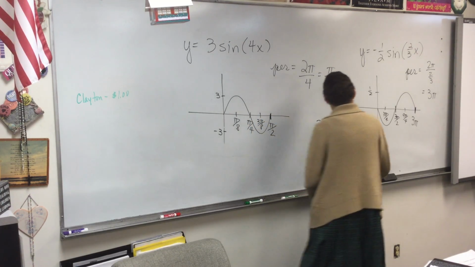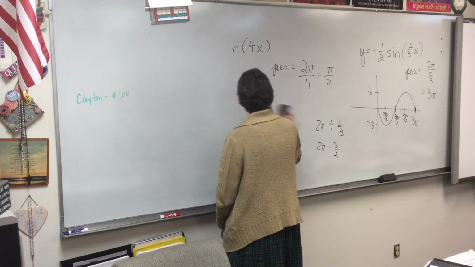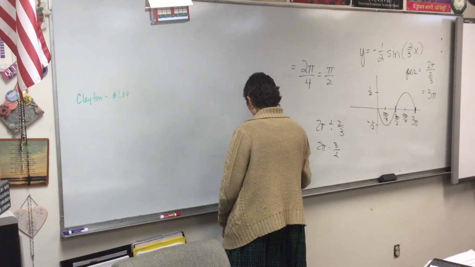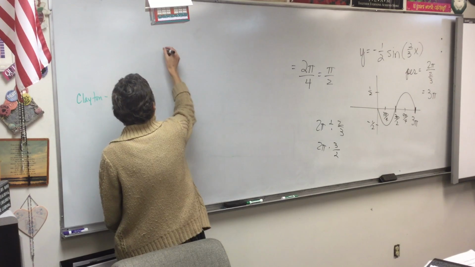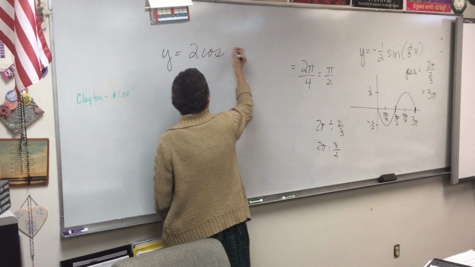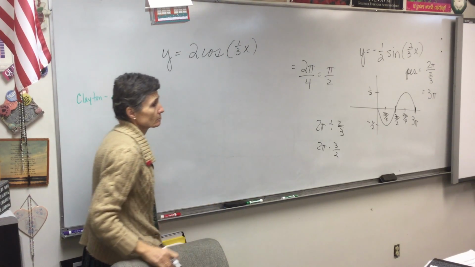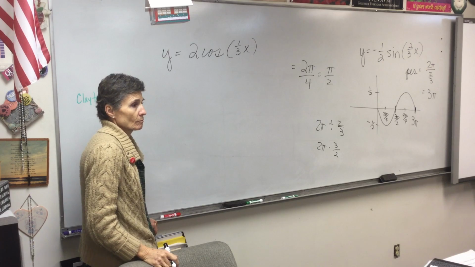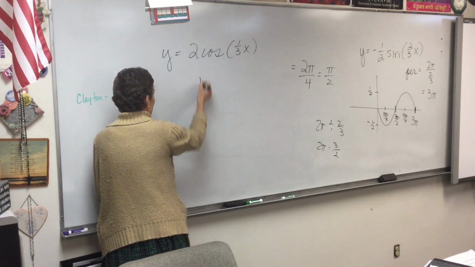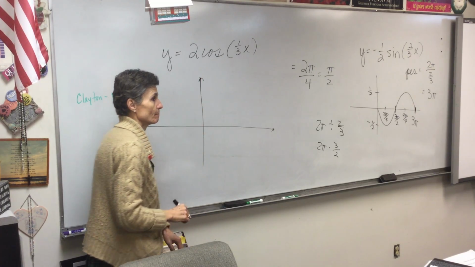Alright, now what happens if instead of doing a sine, we do a cosine? Well, the good news is not much is different. So if we wanted to graph 2 cosine 1/3 x, first of all, fundamentally, everything is the same.